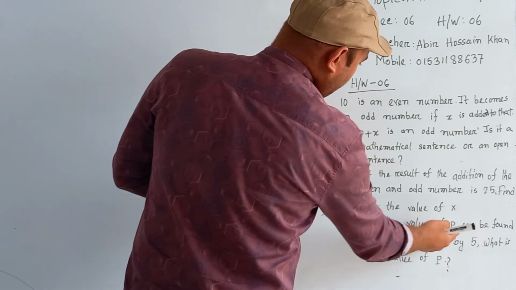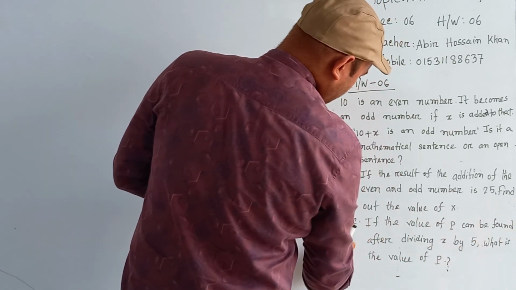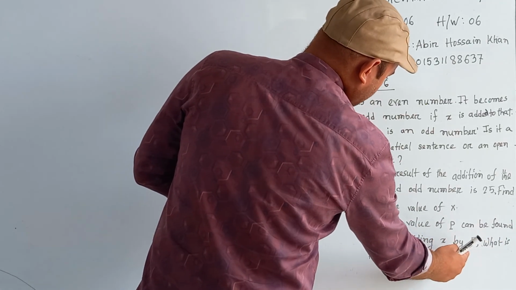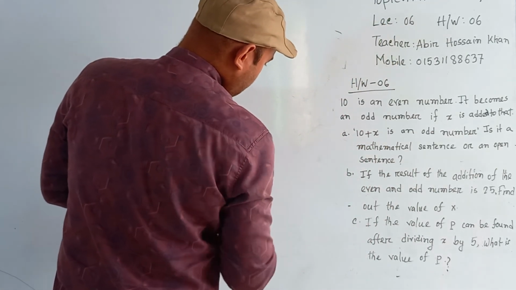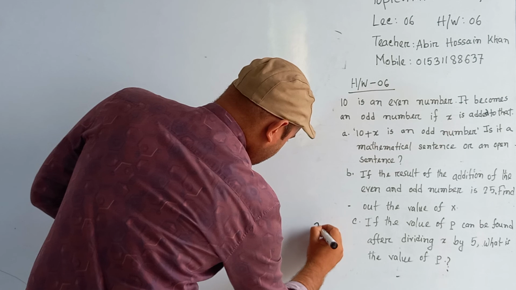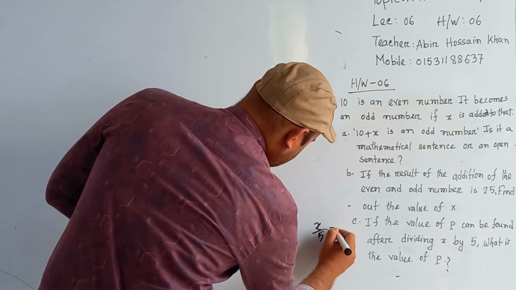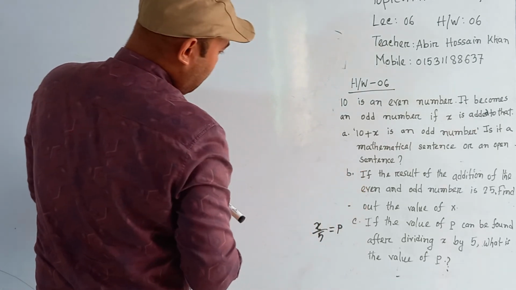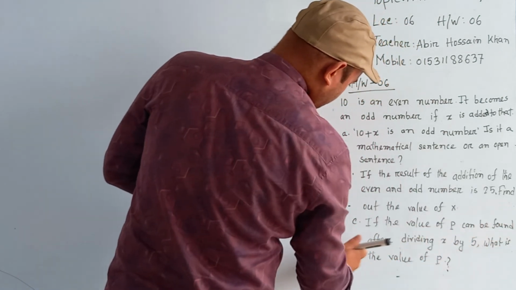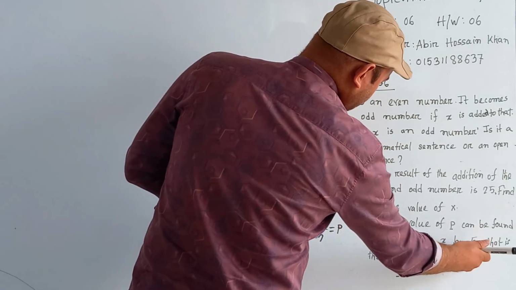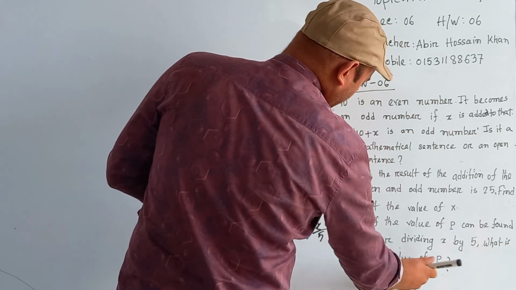If the value of p can be found after dividing x by 5, that means x divided by 5 is equal to p. What is the value of p?